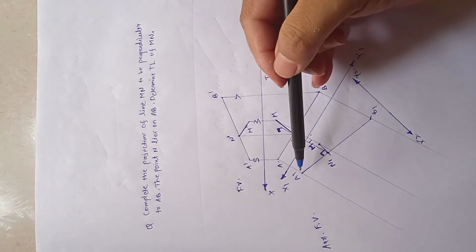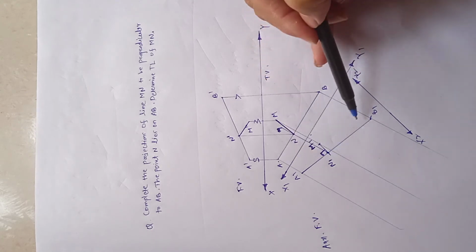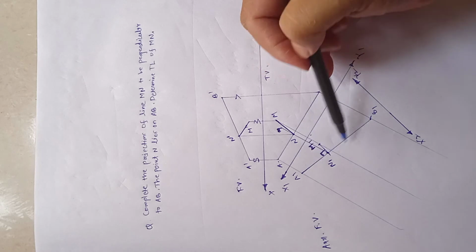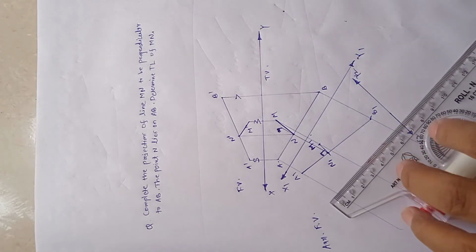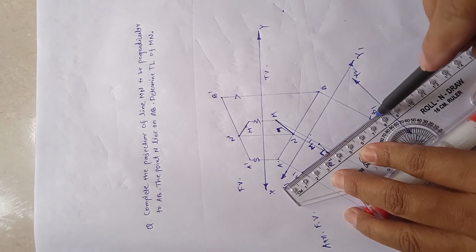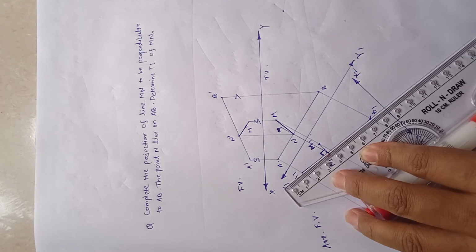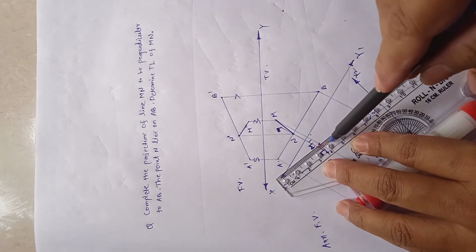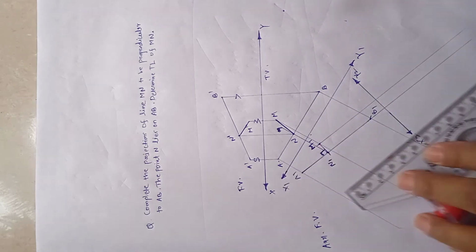So A1, N1 and B1 will coincide into a single point. So let's do it. Let's project this, and project point M1 also.